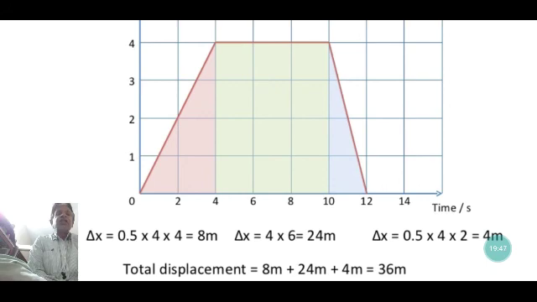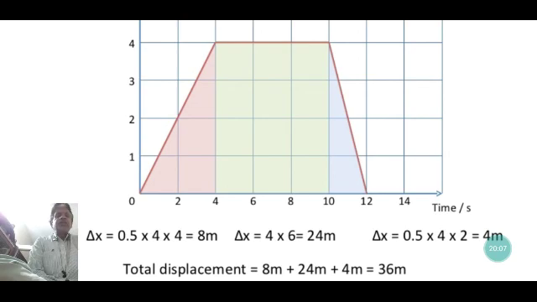Now this area is calculated as 24 meter. This area represents 24 meter of displacement. And this is another triangle, and its area is 1/2 into 4 into 2, that is 4 meter.